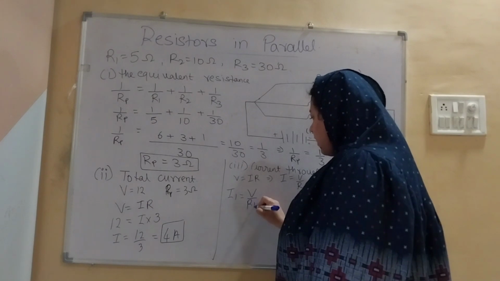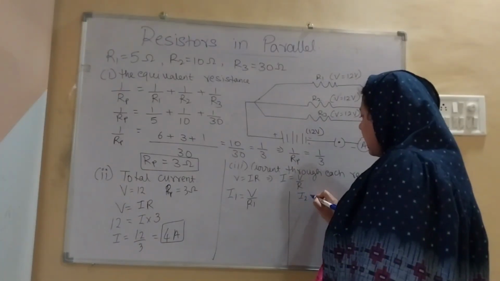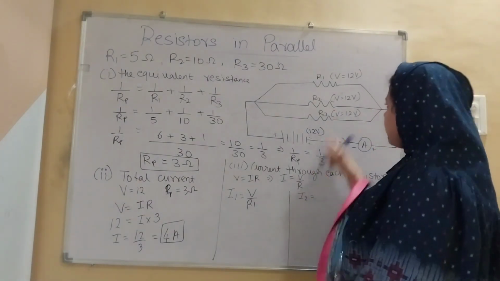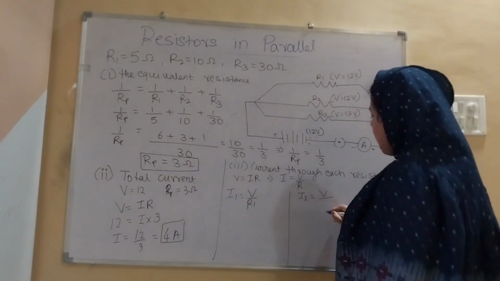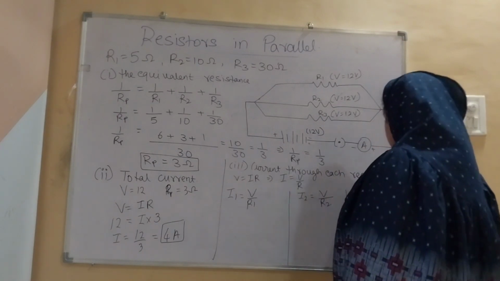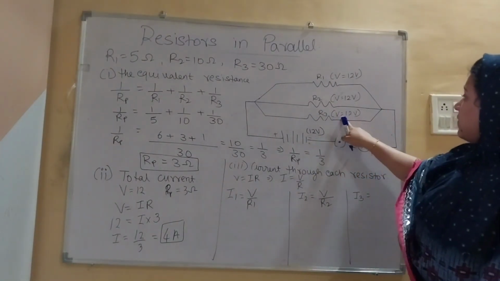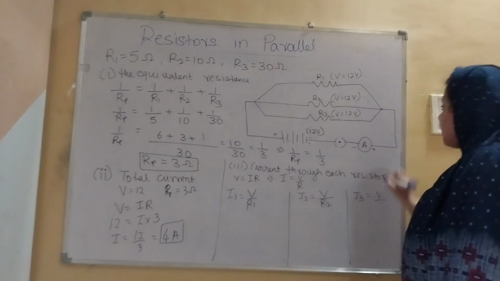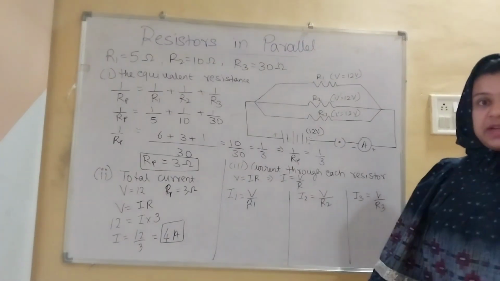So V upon R1. Okay. For the second resistor, I2 is equal to, what is the potential difference? V. What is the resistance? R2. And I3 for the third resistor, what is the potential difference? V and what is the resistance? R3. Okay, this is how we will find it.